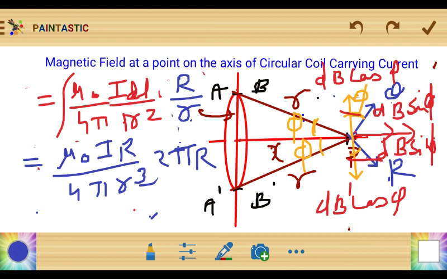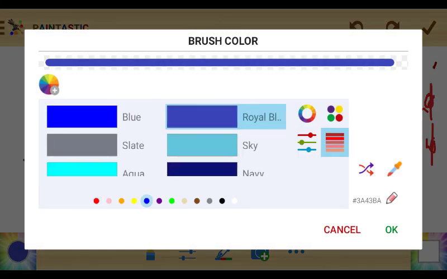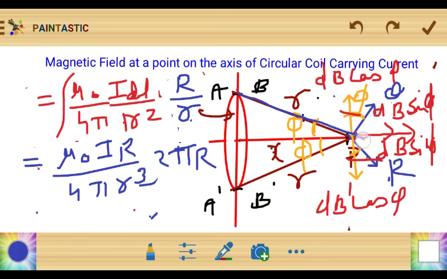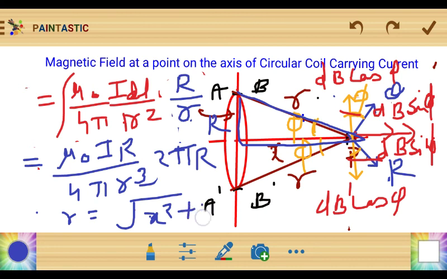If you look again at the triangle, this right angle triangle, in this triangle small r, x and capital R are related by small r equals under root x square plus R square.